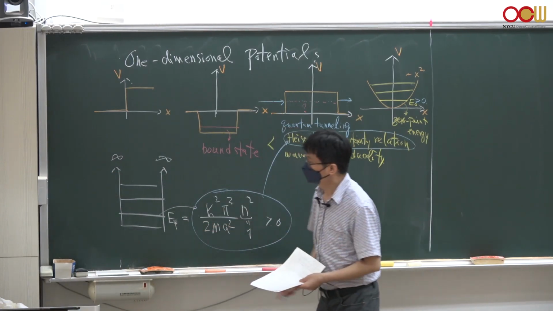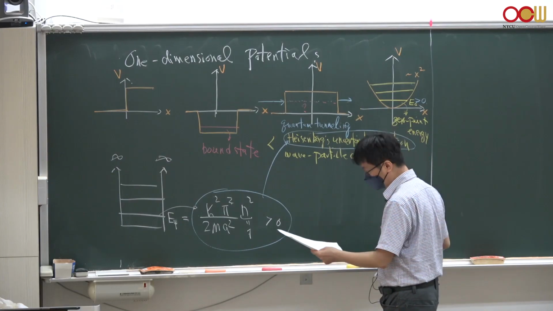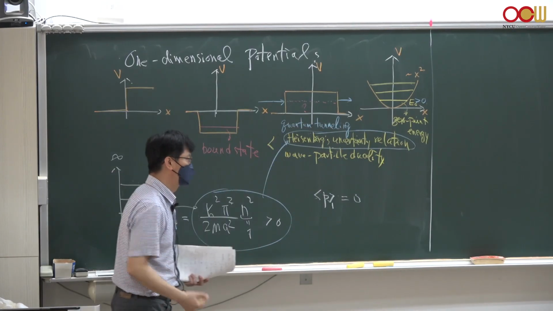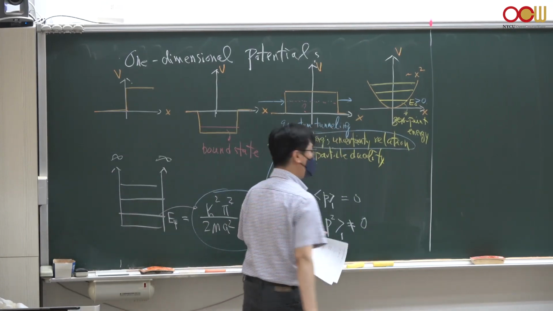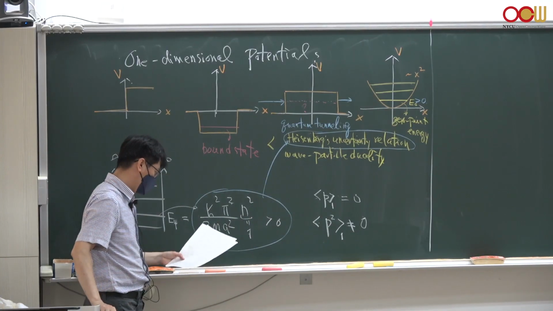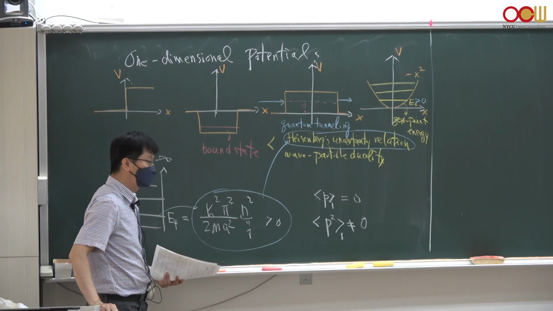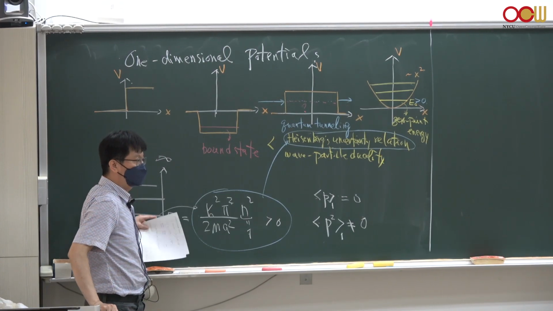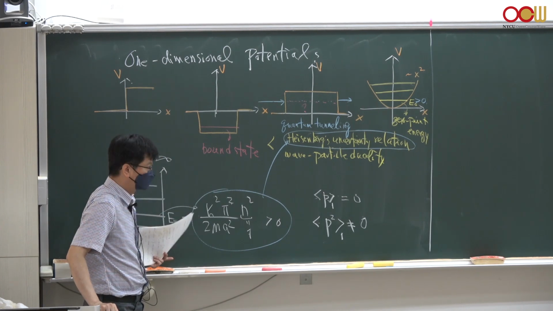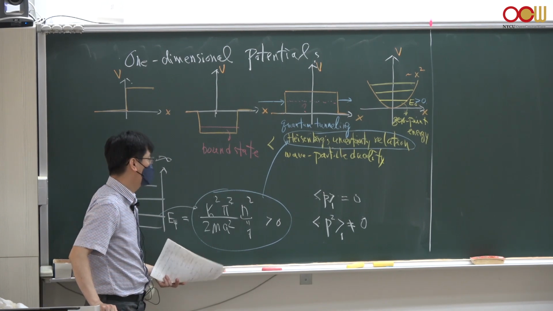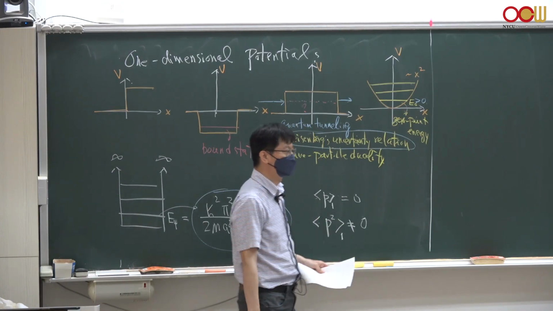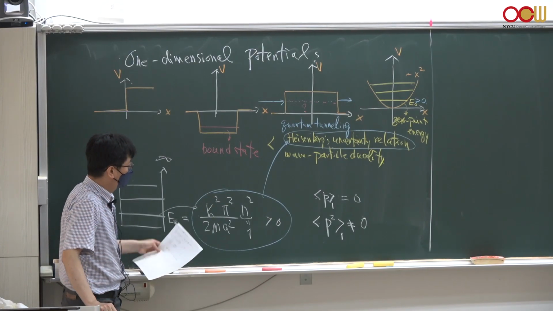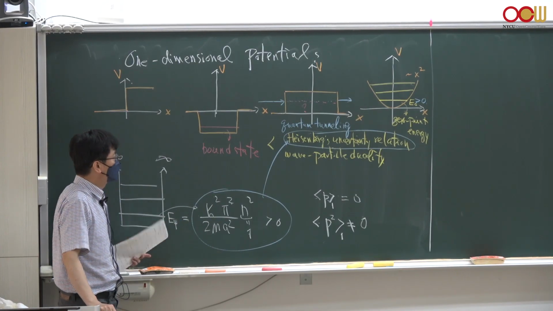And from this simple particle in the box example, we know that in the ground state, the average of the momentum vanishes, but the average of p squared does not vanish, which means that in the ground state, the particle is still in motion, namely the particle carries kinetic energy and also momentum, but on average the momentum just cancels, while the kinetic energy survives. So we will look at this problem one more time when we get there.